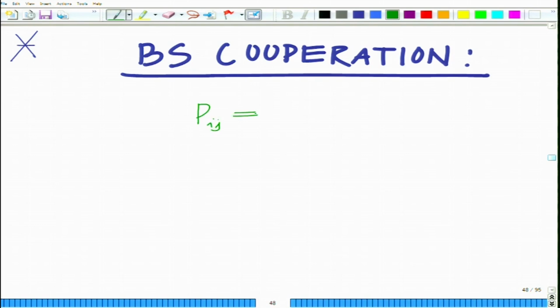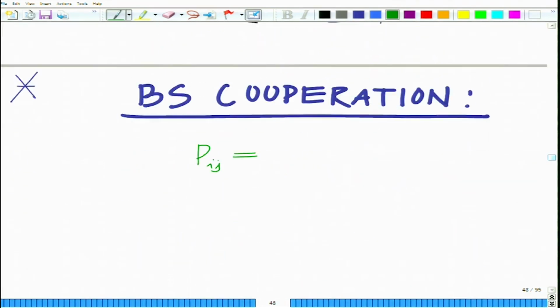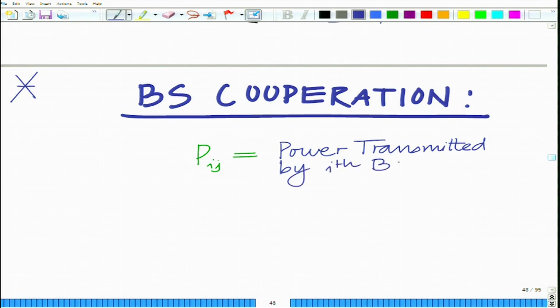Pij is the power transmitted by the ith base station to the jth user.